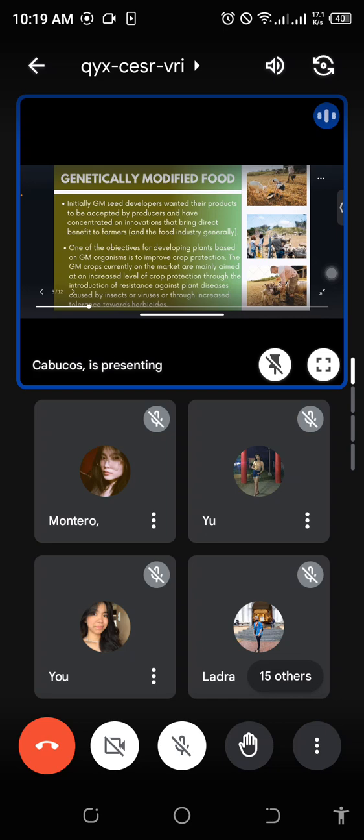Why are they talking more to our local farmers? Because initially, when people think of the word GM food or GM crop or GM animals, the word science could be associated with that. And sometimes when we hear the word scientific, it comes across as a bit cold, a bit terrifying.